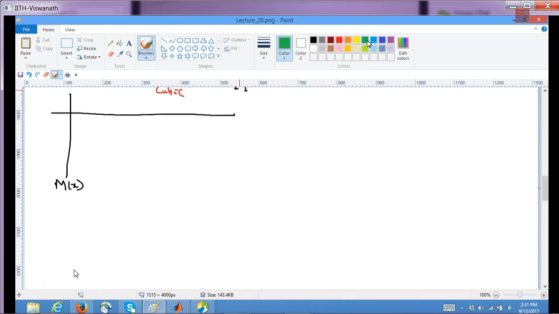The analytical solution is a second degree equation and will look something like this, with the value at node B being 0, and this is equal to WL square by 2.